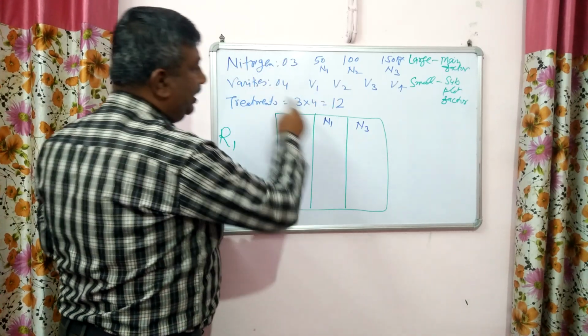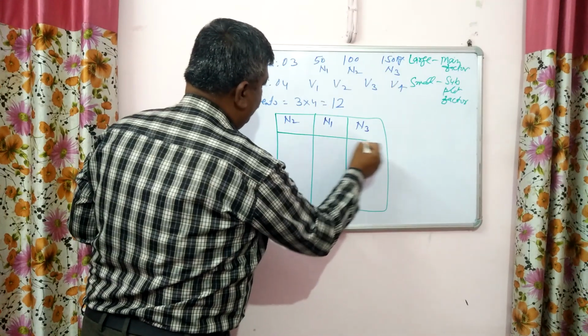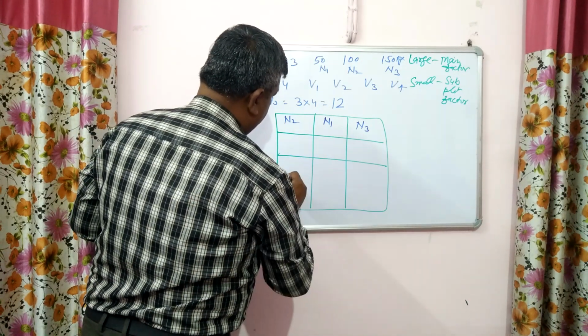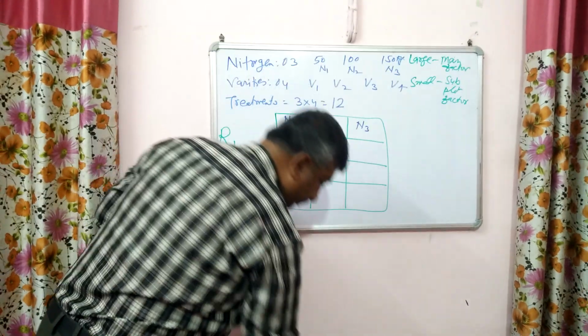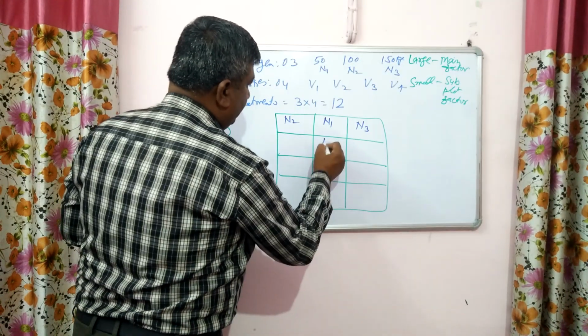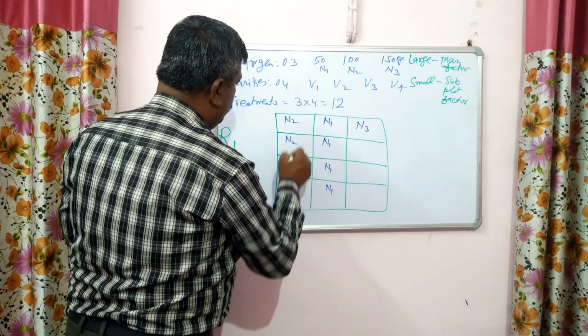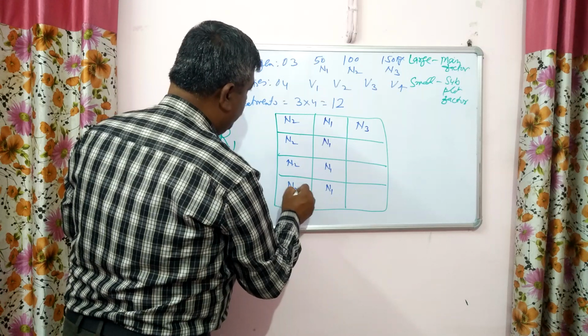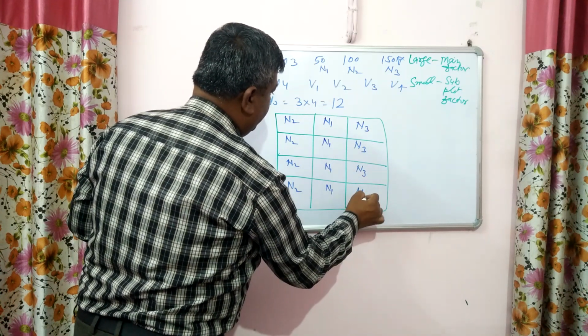Then divide this plot equally into 4 parts. So in all plots it is N2. This is N1, N1, N1, N1. This is N2, N2, N2, N2. This is N3, N3, N3, N3.